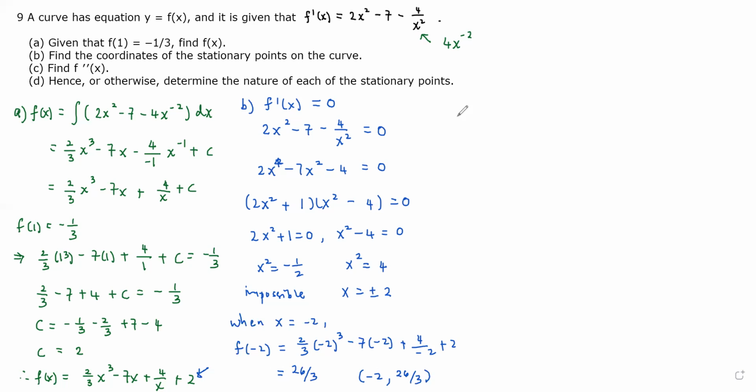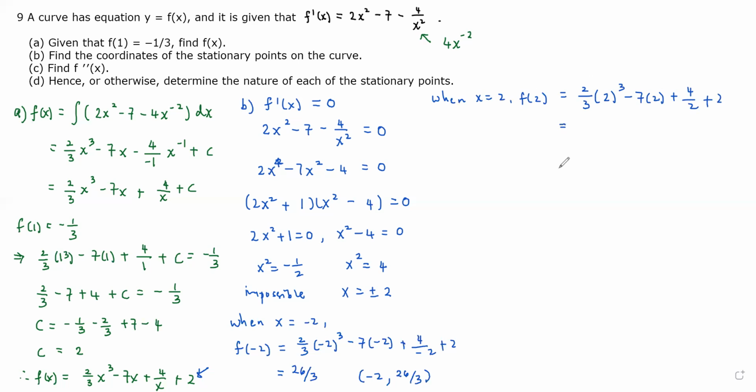The second stationary point occurs when x is positive 2. When x is 2, f of 2 here is 2 over 3, 2 to the 3 minus 7 times 2 plus 4 over 2 plus 2.